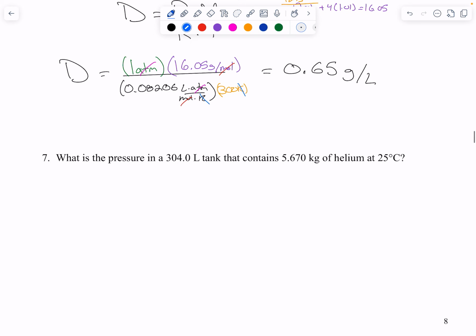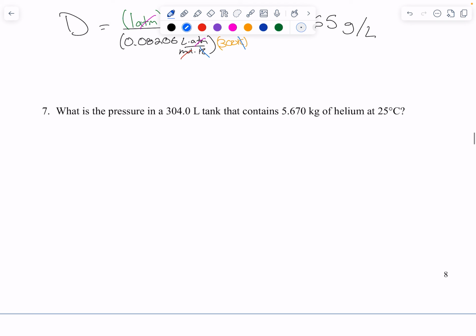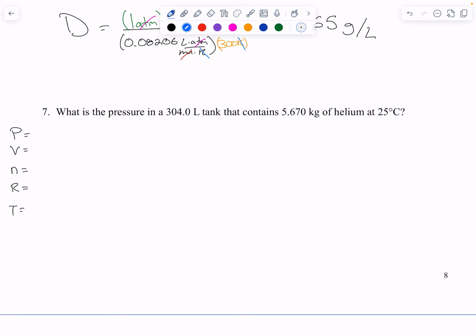All right. Number 7. Moving right along. Pressure of a 304.0-liter tank that contains 5.670 kilograms of helium at 25 degrees. All right. Well, since I don't have initial and finals, I'm assuming this is going to be PV equals nRT. I have a V, 304.0 liters, right? That's my volume.